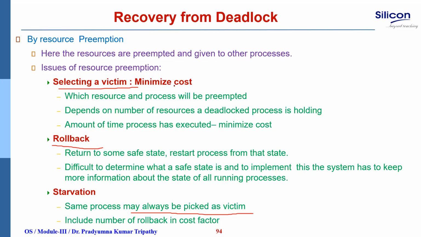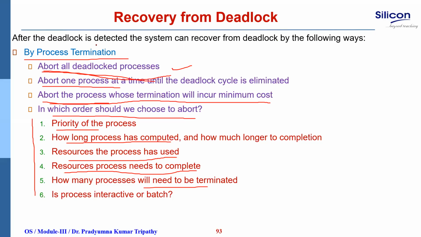Deadlock recovery can be done in two ways: process termination or resource preemption. In process termination, we'll abort all processes, or we'll revoke processes one by one, or we'll select a process with the minimum cost.